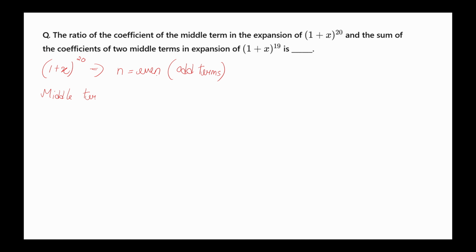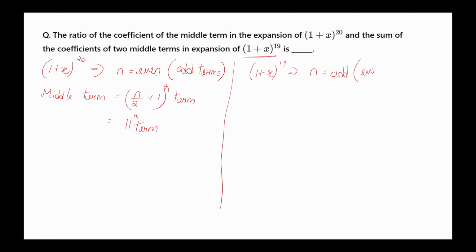If I have odd terms, how can I write down the middle term? My middle term would be written down as the (n by 2 plus 1)th term. So basically this would be my 11th term. First let us find out the middle term for this as well. Now here I have (1 plus x) to the power 19. That means my n here is odd.